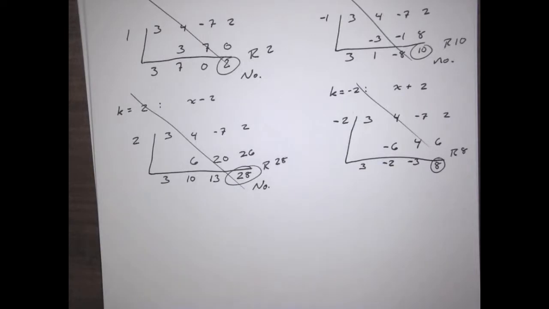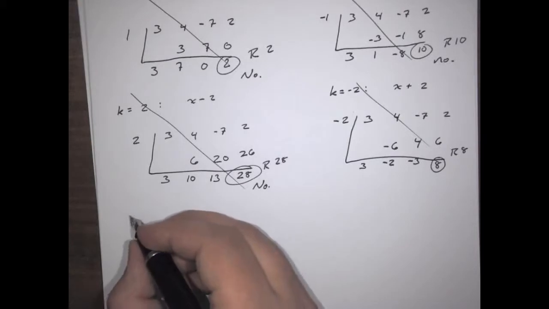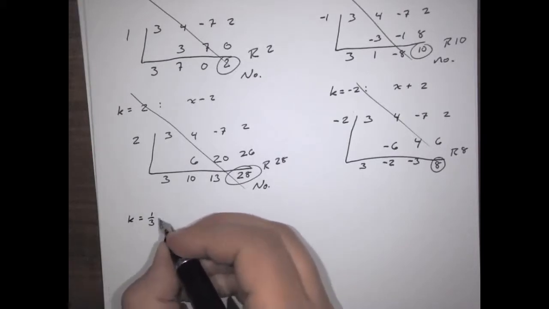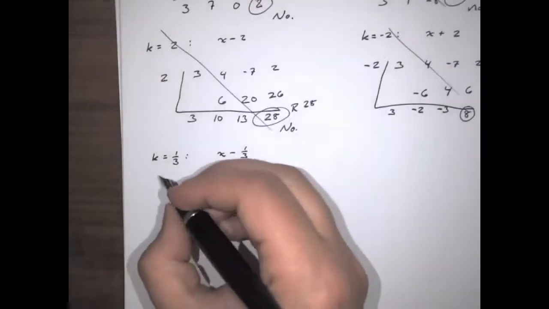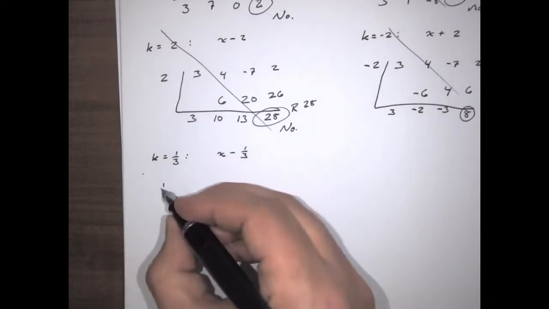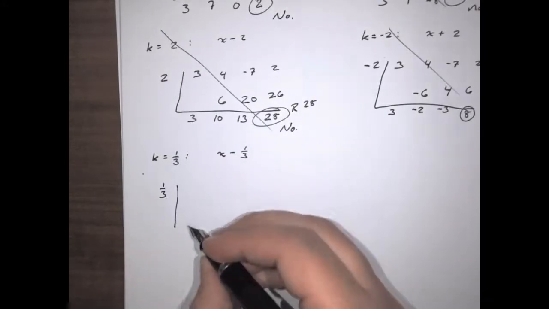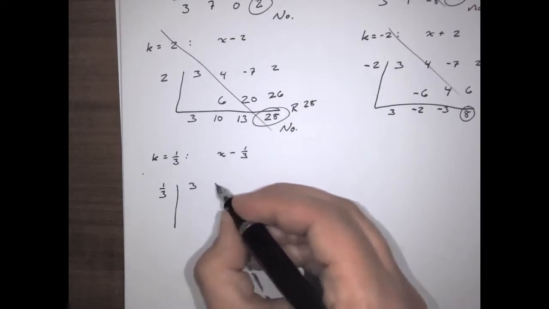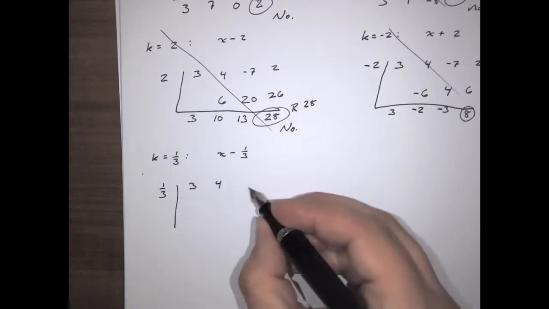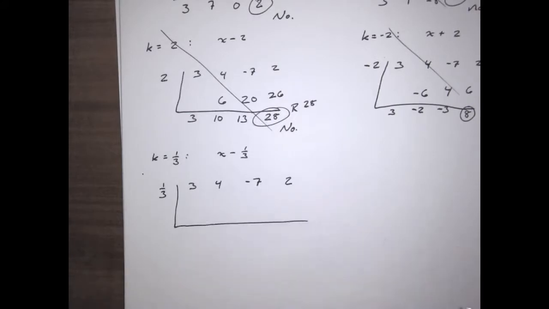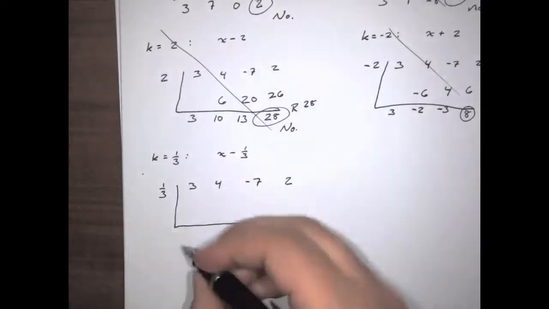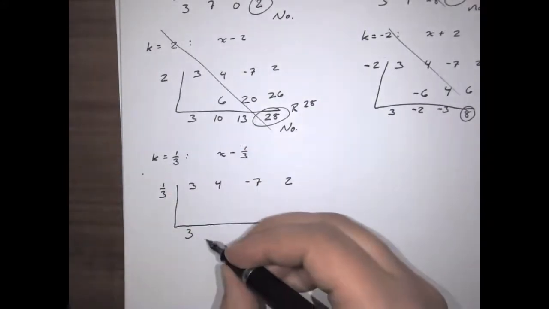So now let's try with the 1/3. So k equals 1/3. That means x minus 1/3 would be the factor that we're talking about here. Alright, so we've got a 1/3, and that maybe does, maybe doesn't, go into 3, 4, -7, and 2. So down comes a 3. Multiply the 3 times the 1/3.